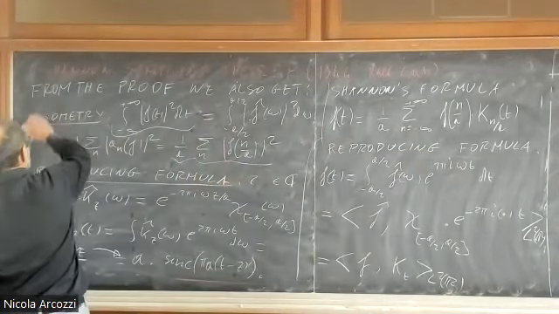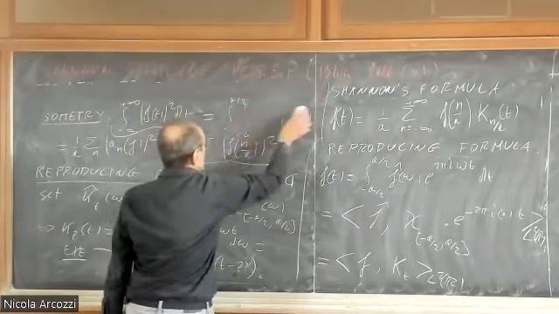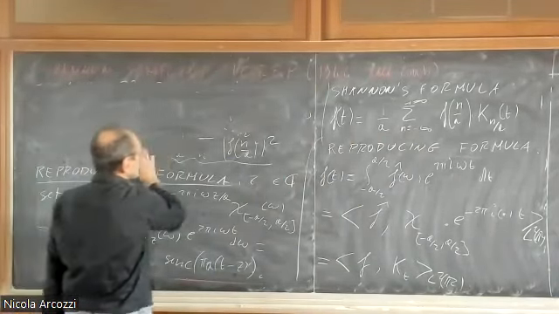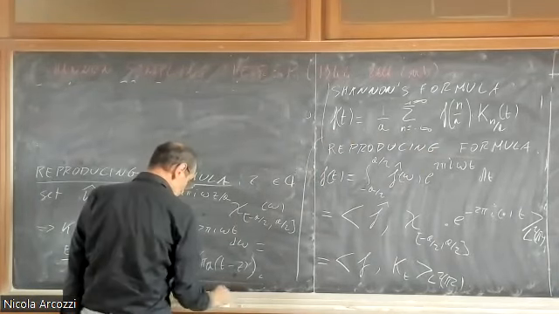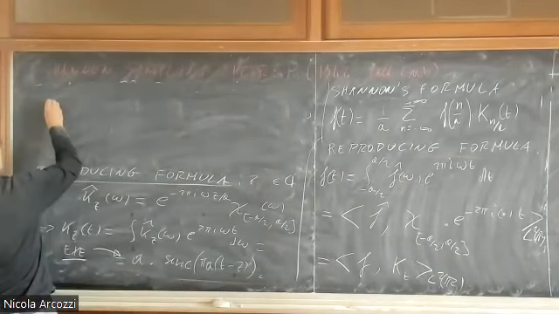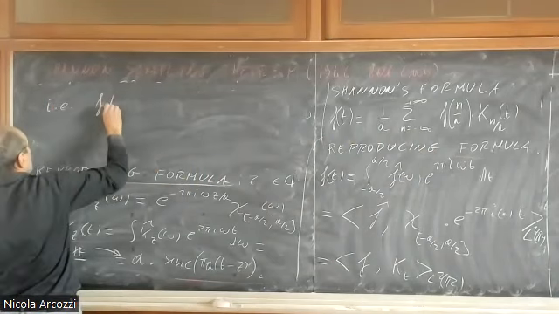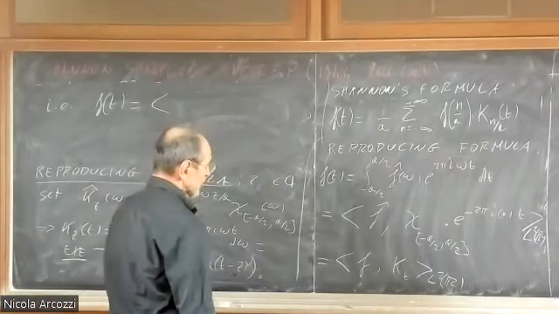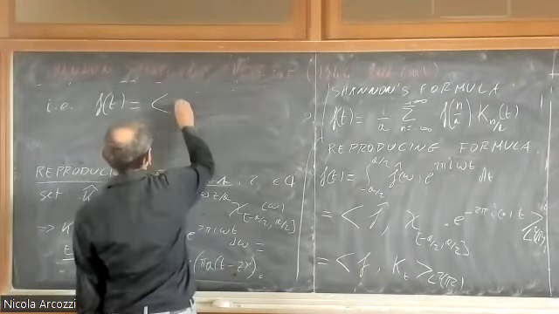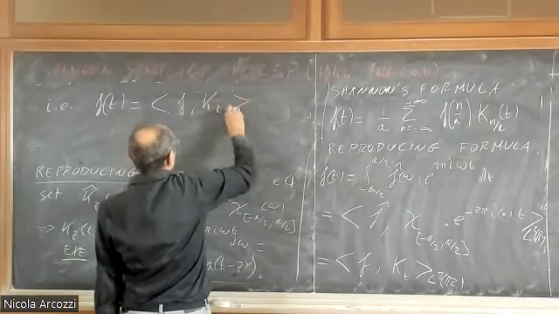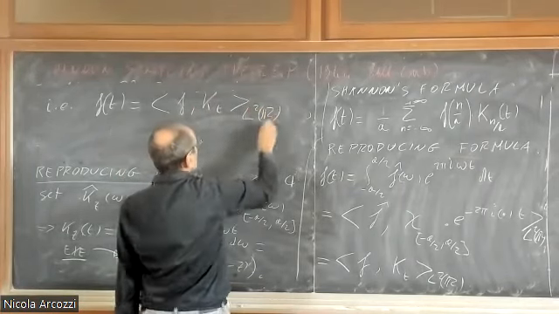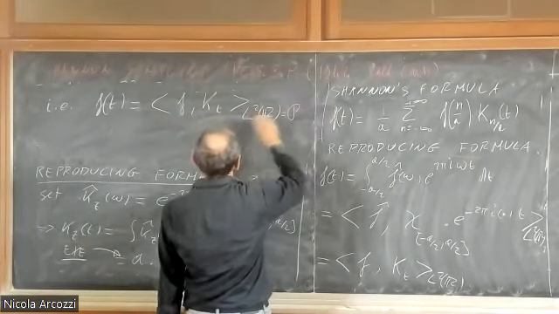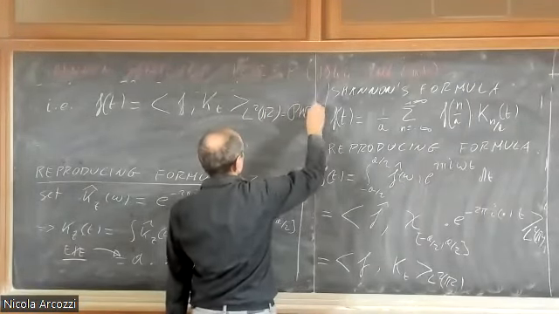Okay, if you look at the beginning and the end of this calculation, you get that f of t is the inner product between f and k t in L2 of R. But both functions are in the Paley-Wiener space.